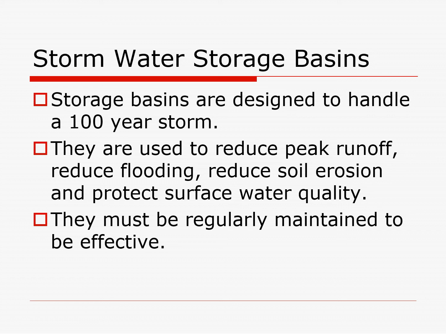In this slide, I mentioned that storage basins are designed to handle a 100-year storm. Well, a 100-year storm is a storm that, in probability, will happen once every 100 years. That does not mean that it will only happen once every 100 years, because it is probability.